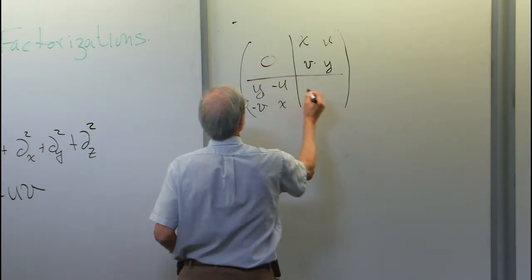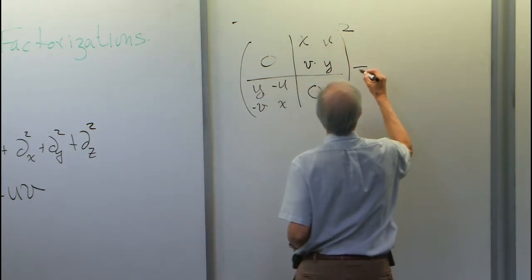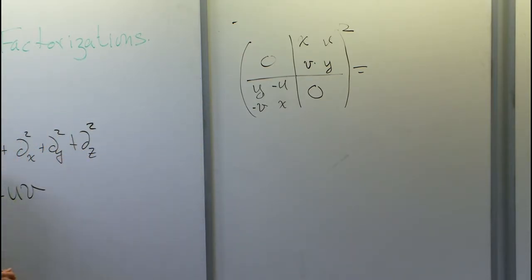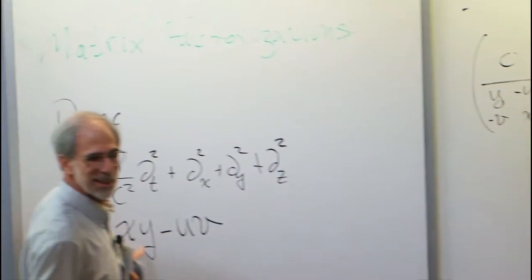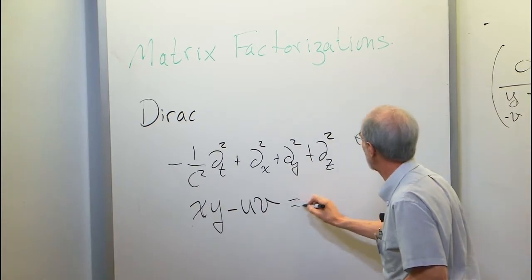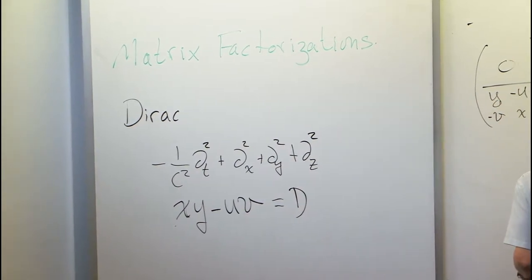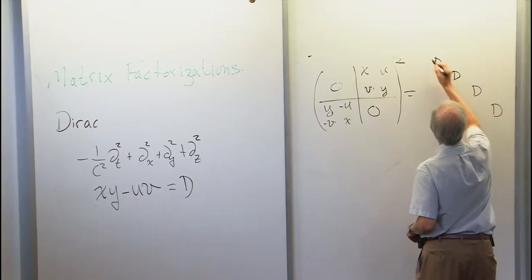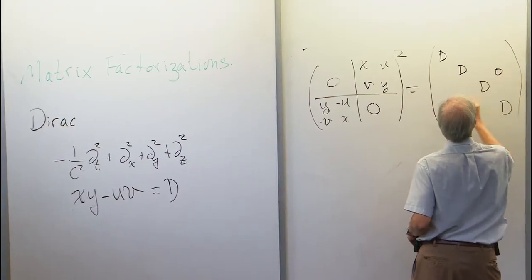And zeros up here, and the square of this is indeed, well, it's not exactly this, right? This is an irreducible polynomial, but it's a matrix with this on the diagonal. So if I call this D for determinant, it looks like D, D, zeros.